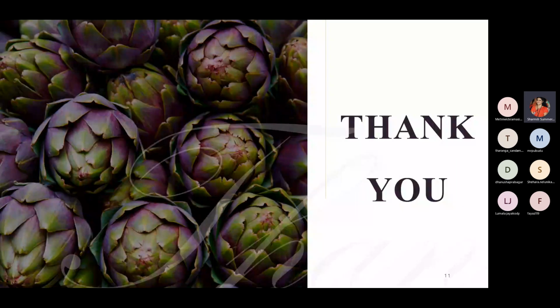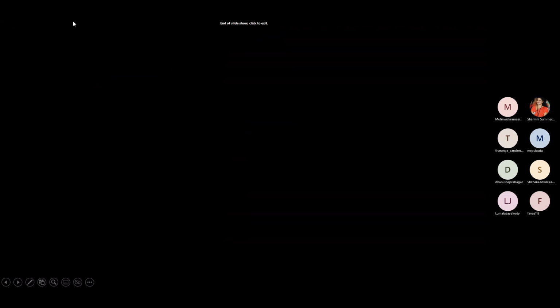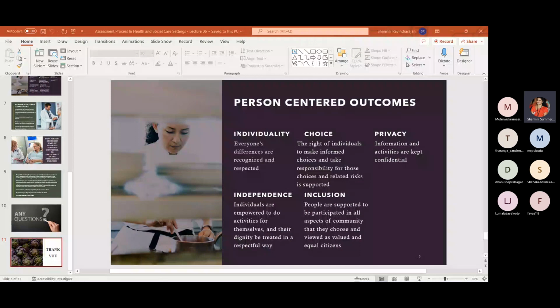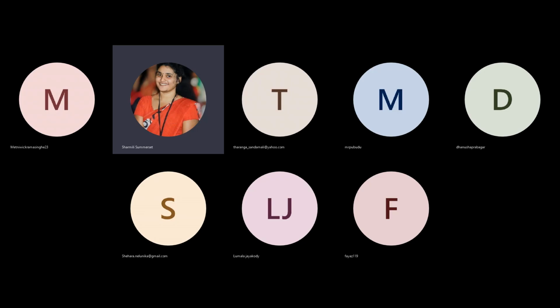So that's all about today's session. It's a very small topic, because you already know more about this person-centered approach, since we studied in detail the person-centered or client-centered approach.